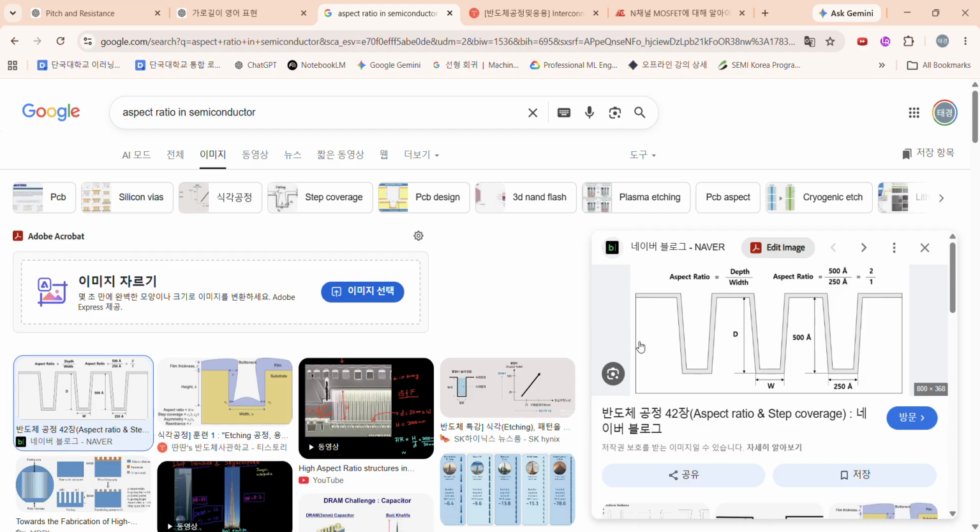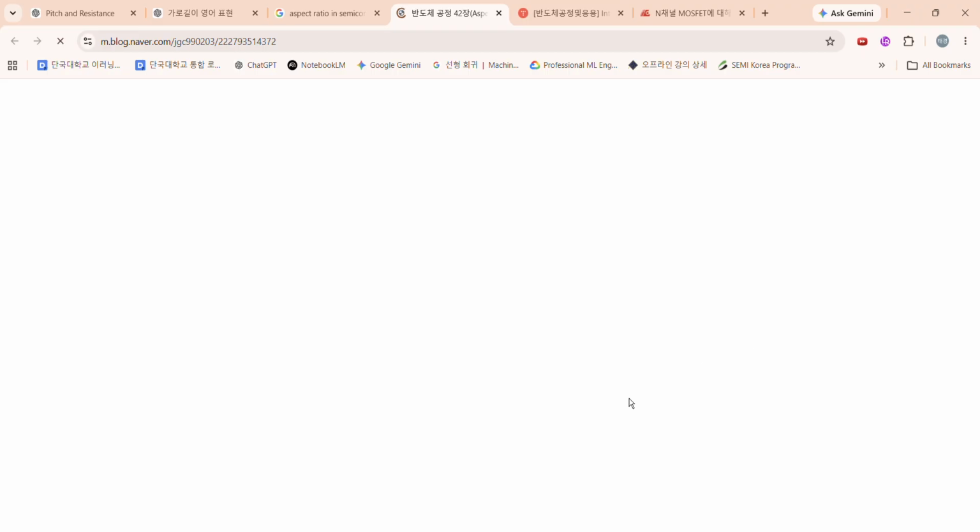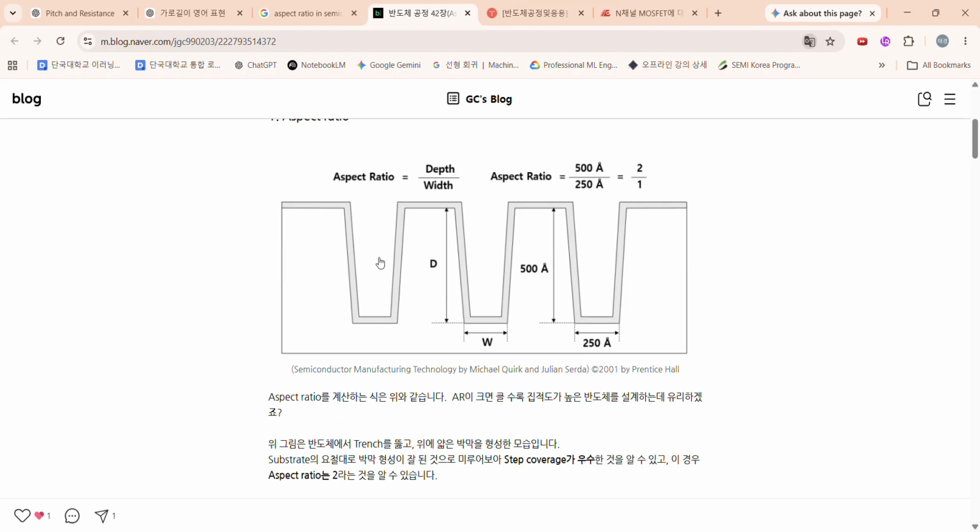We need to make devices with a high aspect ratio. As we can see, the width is very much shorter, but the depth is very long. It is a high aspect ratio structure. If the width is very short, and copper's mean free path is 39 nanometer, then copper moves from this point to this point without collision for 39 nanometer.